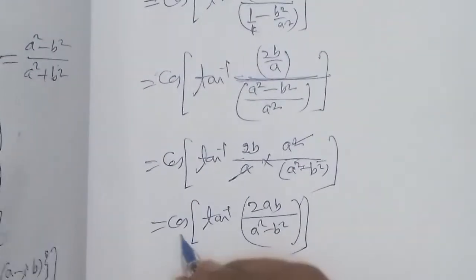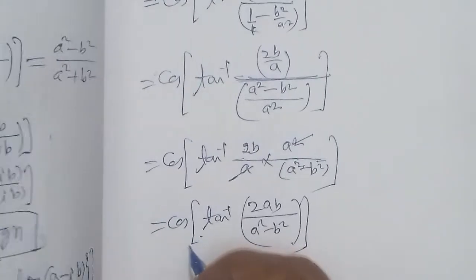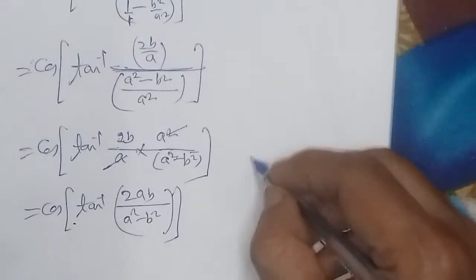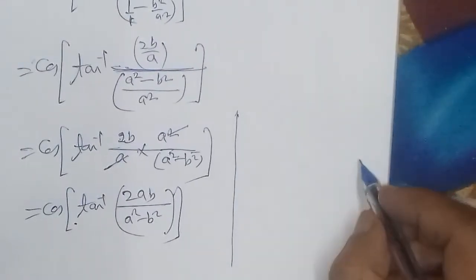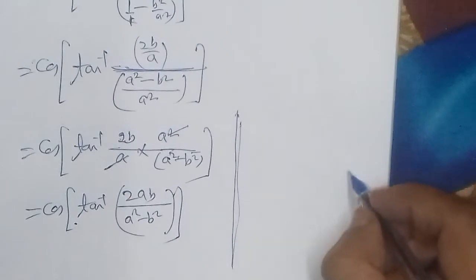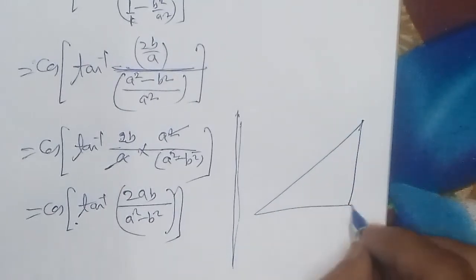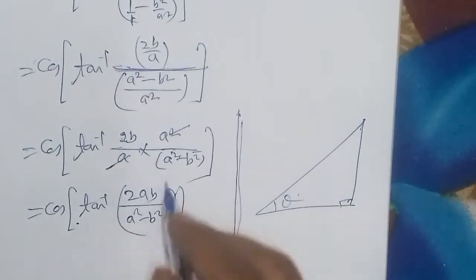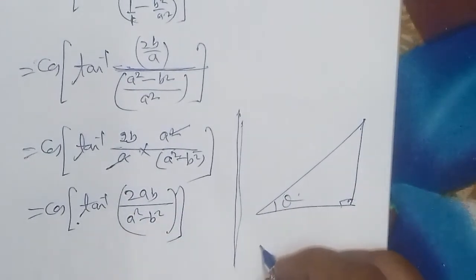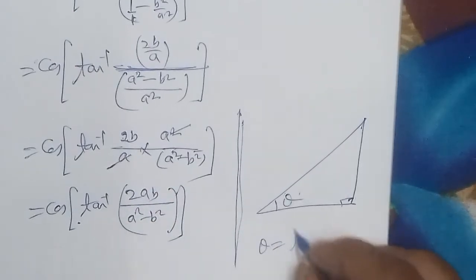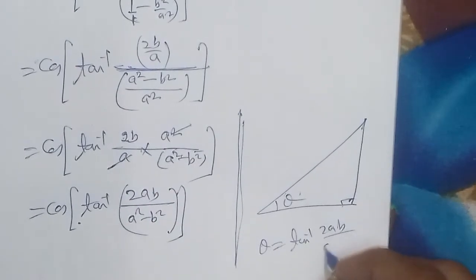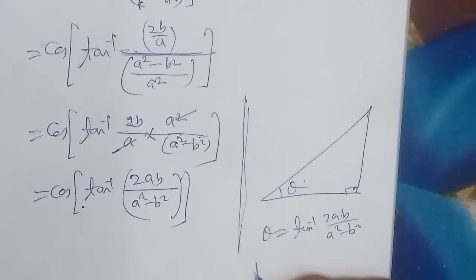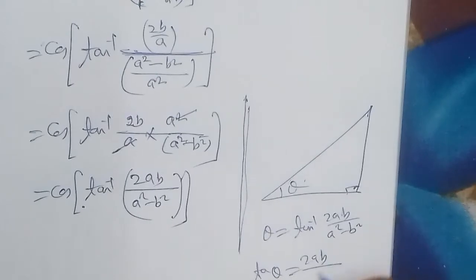Now we have to cancel out these two by applying a formula, or we can draw rough work. In a right angle triangle, let this angle theta be equal to tan inverse of 2ab upon a square minus b square. Taking tan inverse to the left, tan theta is equal to 2ab upon a square minus b square.